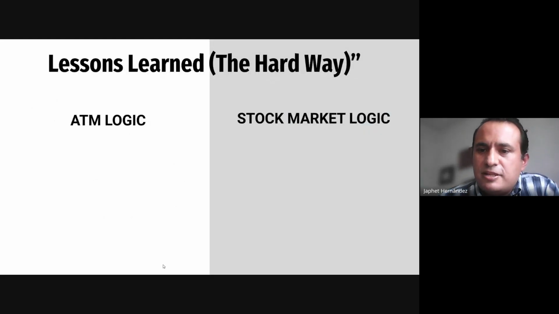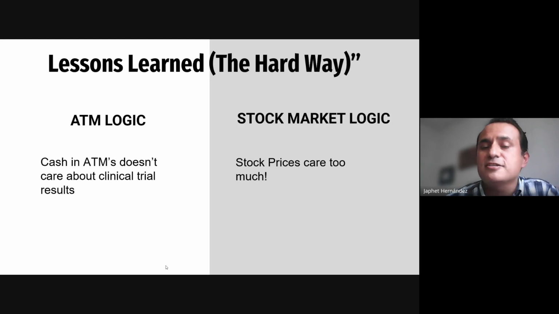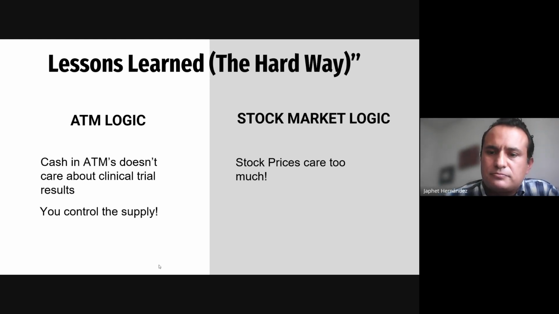So there are some lessons I learned the hard way, and some key takeaways from my trauma: cash in ATMs doesn't care about clinical trial results, for sure, while stock prices in Lilly care too much. And most importantly, in cash forecasting, you control the supply.